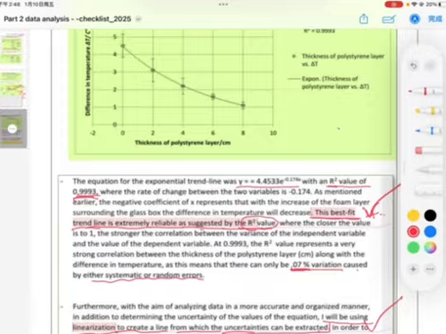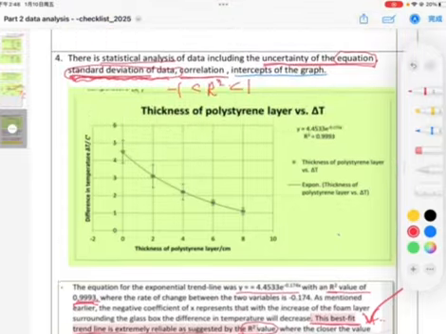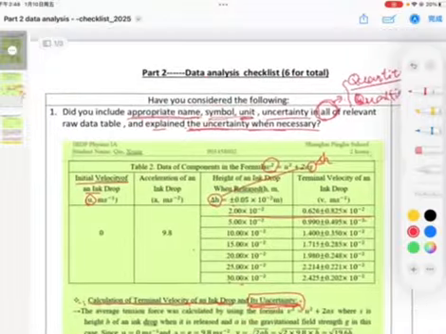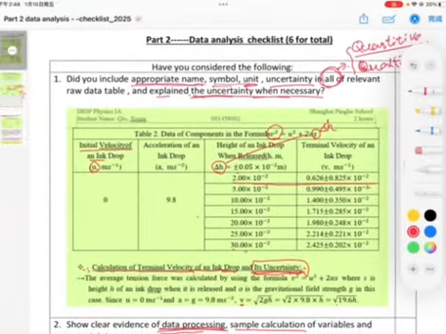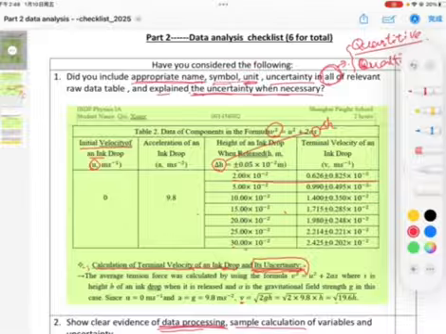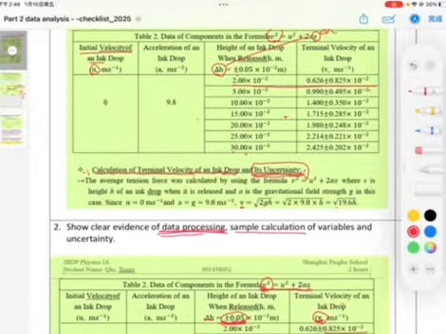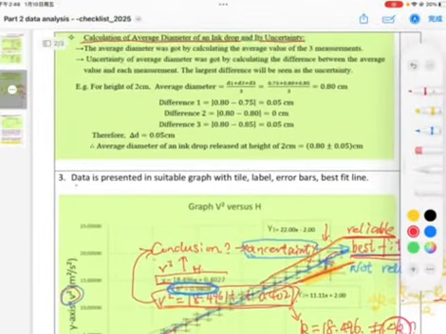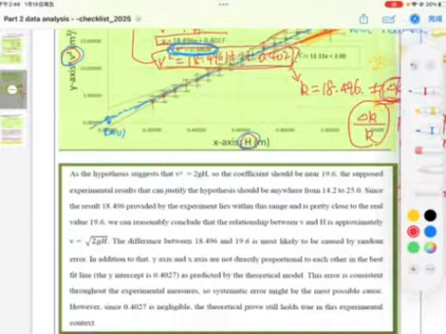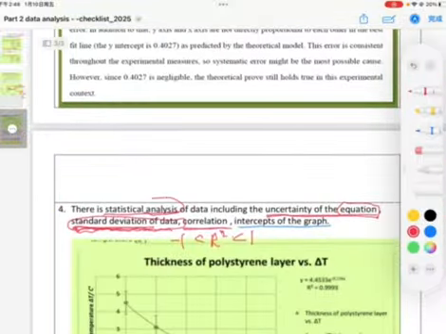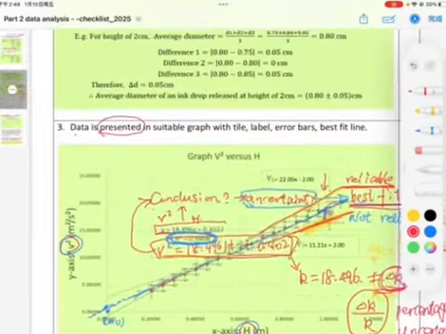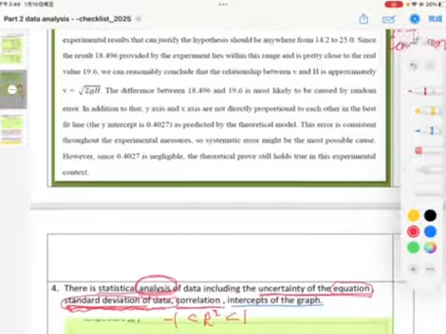So let me make a quick summary on the data analysis. It's pretty much about what you need to pay attention to when you record your raw data, when you process your raw data, when you present your data, and then when you analyze your data. Okay, so 4 keywords: record, process, present, and analysis.